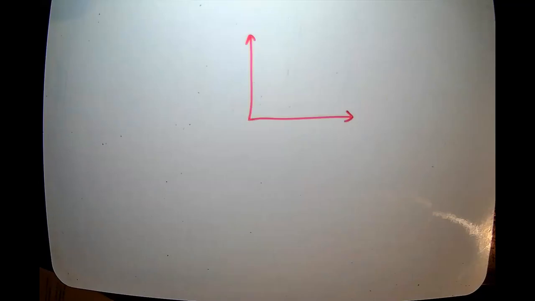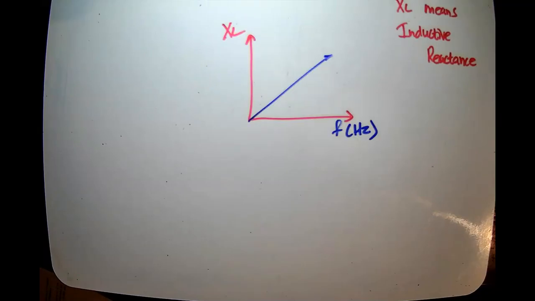Okay, so here we have XL. XL means inductive reactance. So we have frequency. So as the frequency increases, what will happen to the XL value? It will also increase. So as that increases, notice that XL is going up and the frequency is going up.